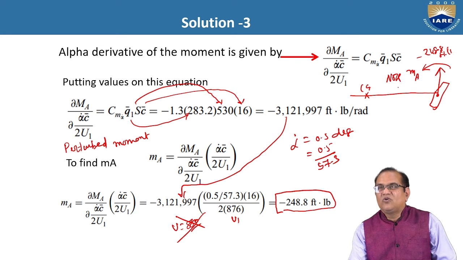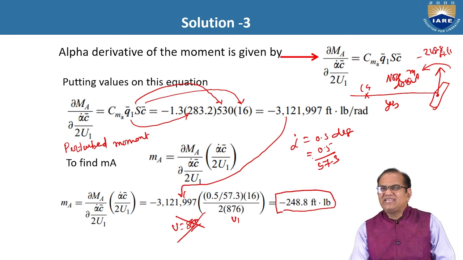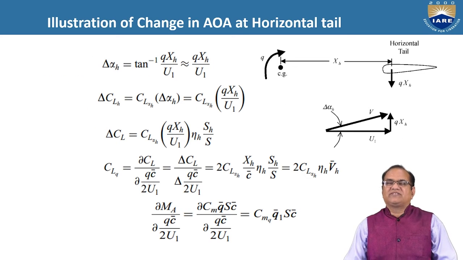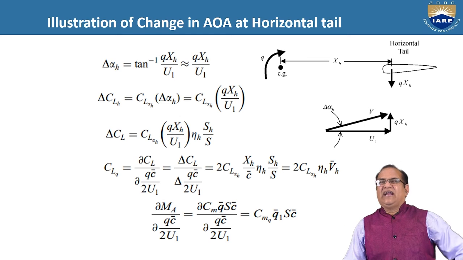Is the aircraft stable? Yes, the aircraft is stable, but it is making nose down. So a very small amount of change in angle of attack may change a huge amount of moment or pitching moment. Now I am going for some illustration of change in angle of attack at the horizontal tail.